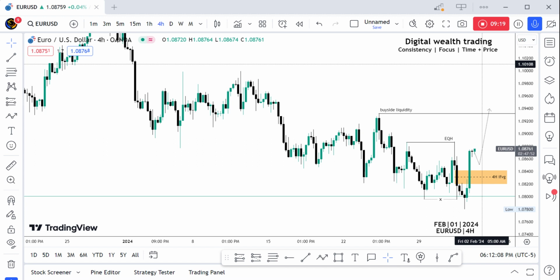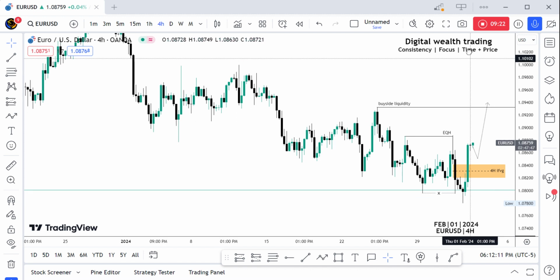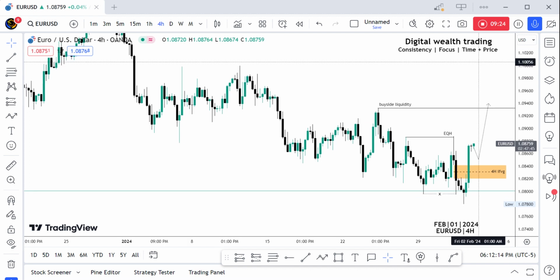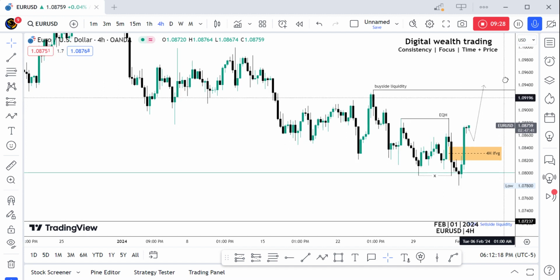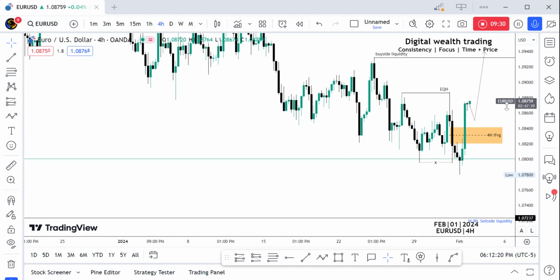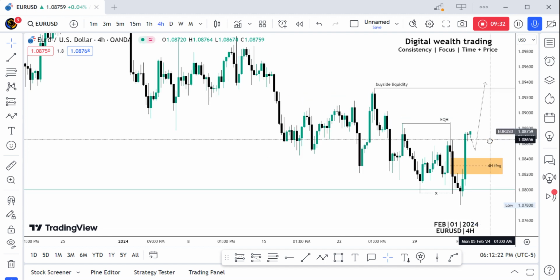One of the things we work with after we have our bias, whether bullish or bearish, is this: if your bias is bullish, you want to be looking at lower time frame PDRAs that support your bullish bias.